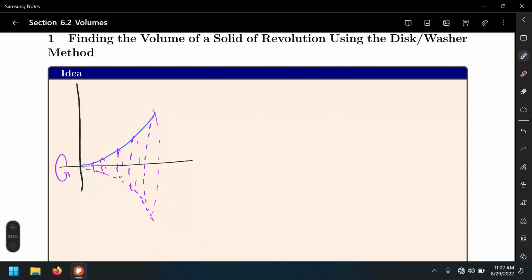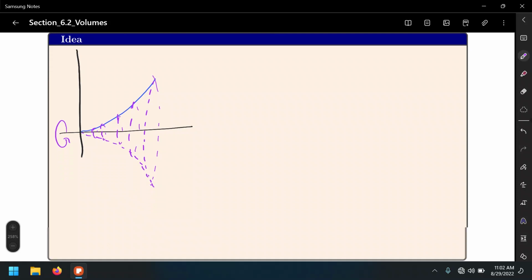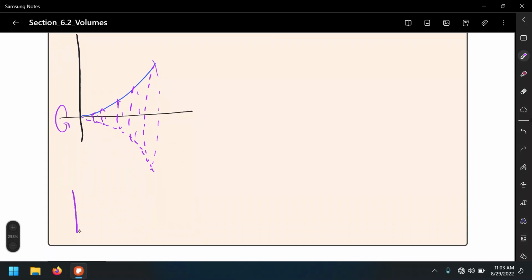So we are going to construct a formula to find the volume of this solid of revolution. And as an analogy, let's real quick go back to finding the area under the curve.